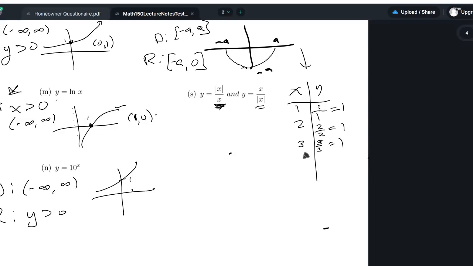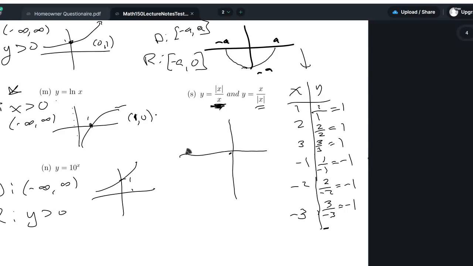Okay, so now let's plug in a negative number. So again, plugging it into here. So I'd get the absolute value of negative 1, which would be 1 over negative 1. That gives me negative 1. Let's plug in negative 2. So I get 2 over negative 2. That's negative 1. I think we can establish that when I plug in negative numbers, I'm going to get negative 1.